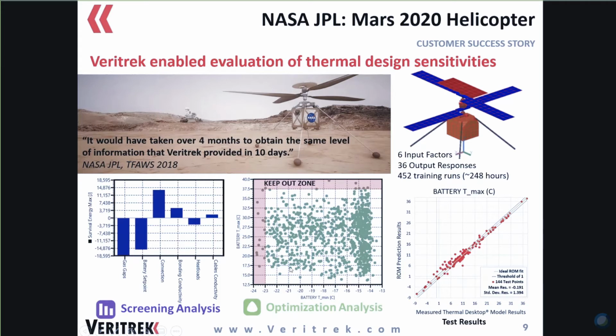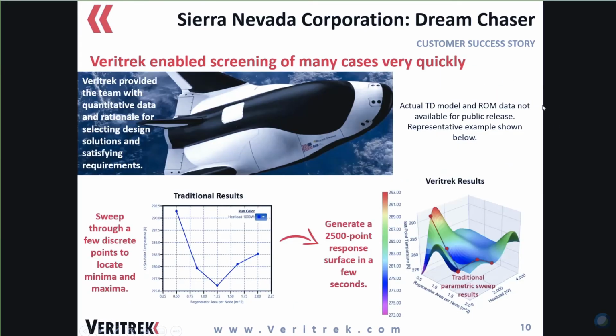And so we end up with this design envelope plot. We have a battery minimum temperature and battery maximum temperature on our 2 axes. And so if there were temperature requirements for our battery, we could look at which areas of the design space we fall outside of those requirements and make adjustments to keep everything within our allowable temperature requirements.